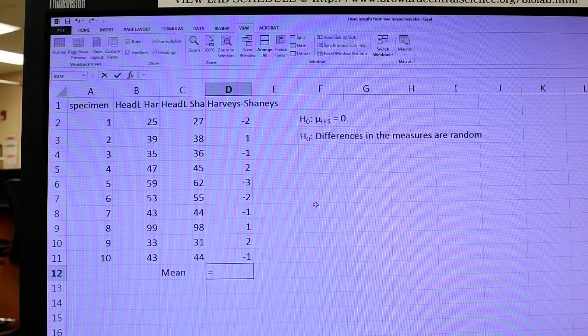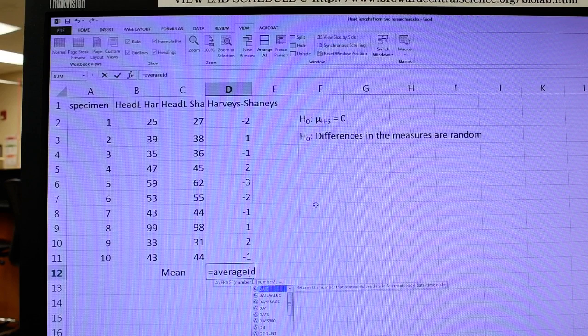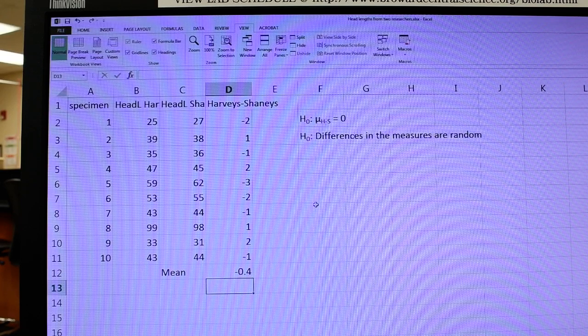All right, so let's see, average. All right, so what we need is D2 to D11. All right, see how it's highlighted? That will give us an average score. Okay, so you can see that doesn't deviate very much from 0.